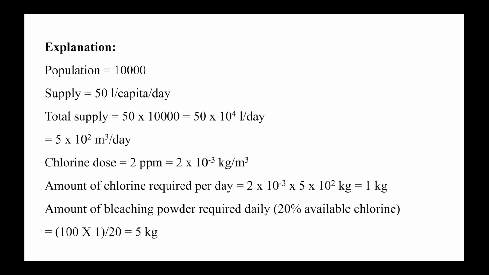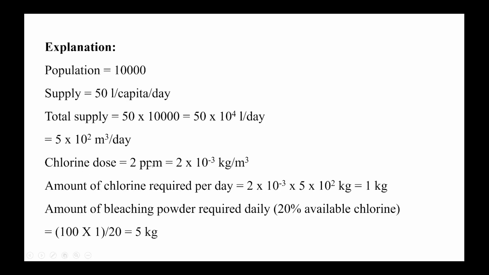So total supply would be 50 into 10 raised power 4 liter per day, or 5 into 10 raised power 5 liter per day. Now, since our chlorine dose is given in ppm, we'll convert this into meter cube. So this will become 5 into 10 raised power 2 meter cube per day, the total supply.